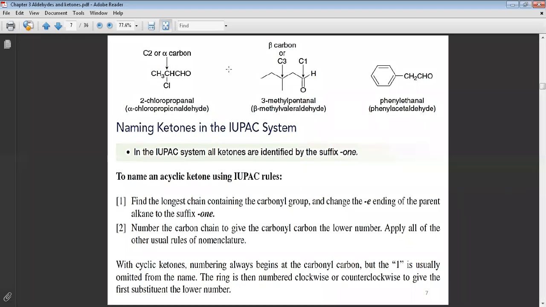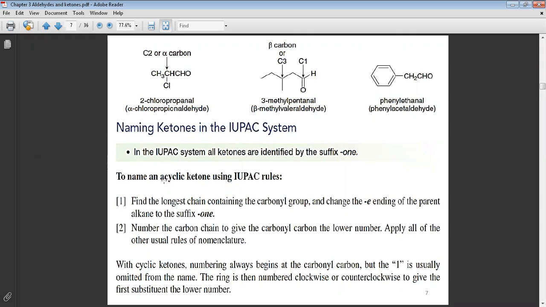But if I give you this compound and I want the name from you, you can use the IUPAC system. Don't go to the common name. The IUPAC system is easier than the other names.